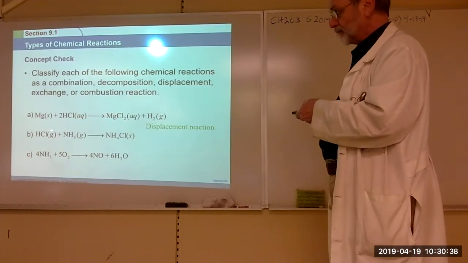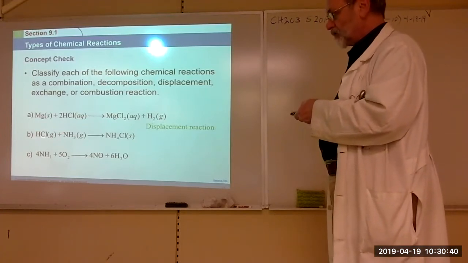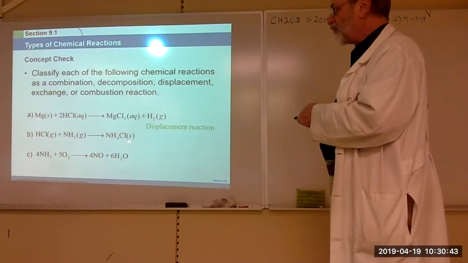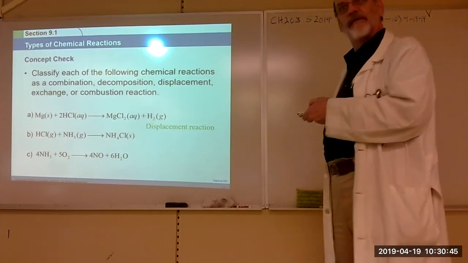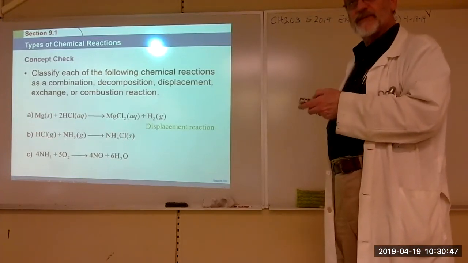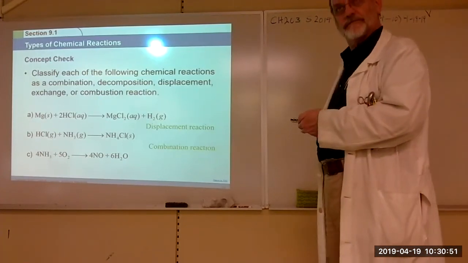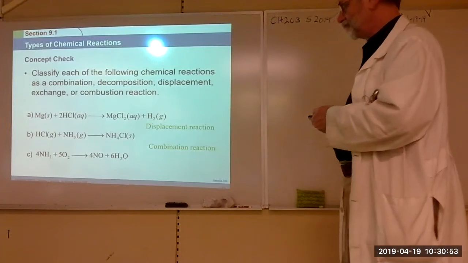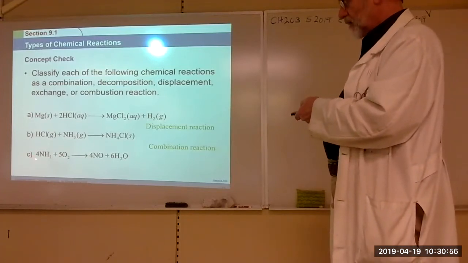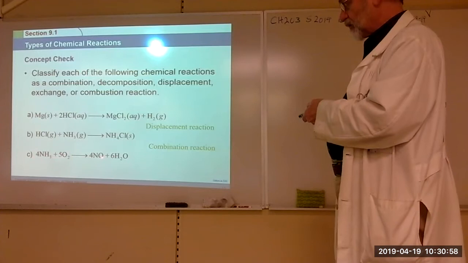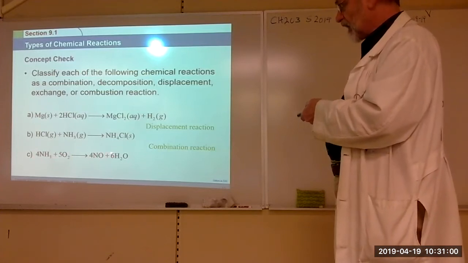How about this one? Two compounds make a more complex compound. That's a synthesis or a combination reaction. How about this one? Ammonia and oxygen produce nitrogen monoxide and water.